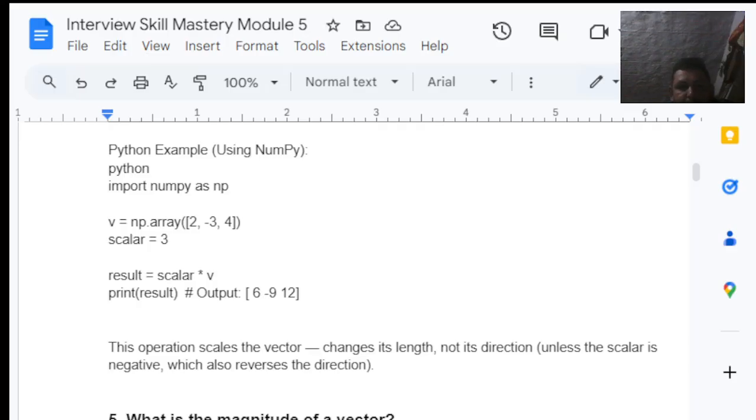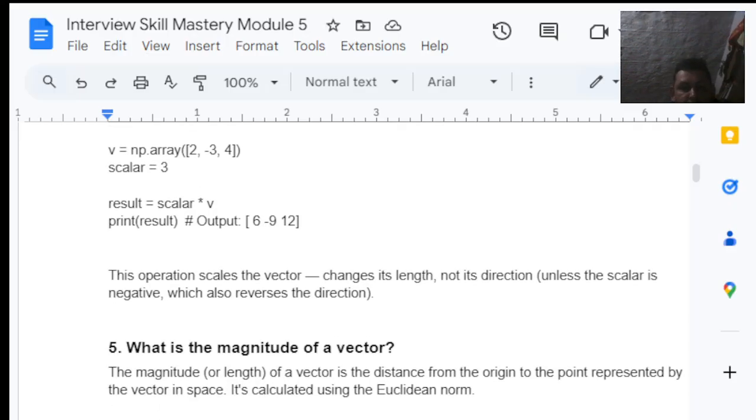So the formula is, for a vector v equals (x, y, z), the magnitude is the square root of x squared plus y squared plus z squared.